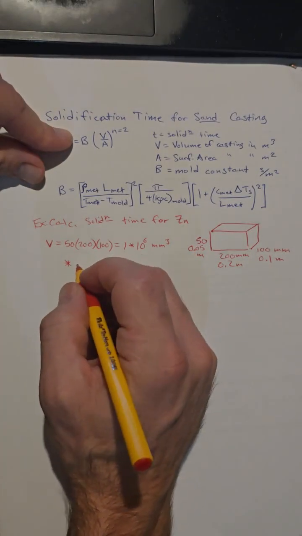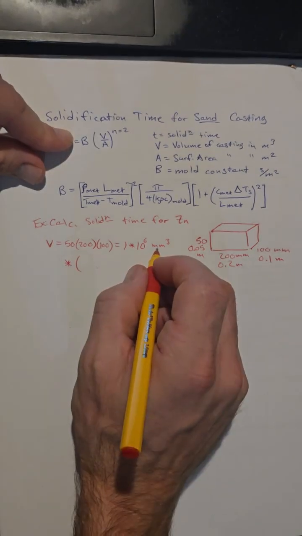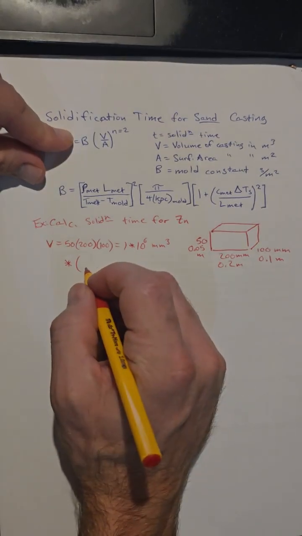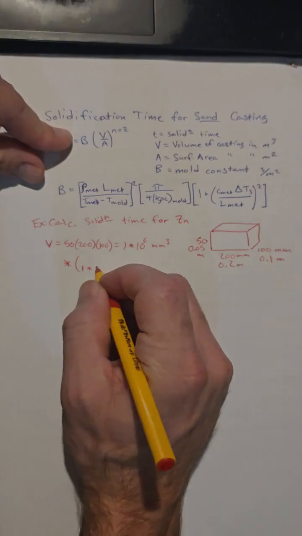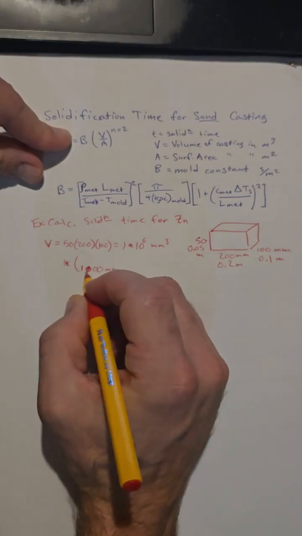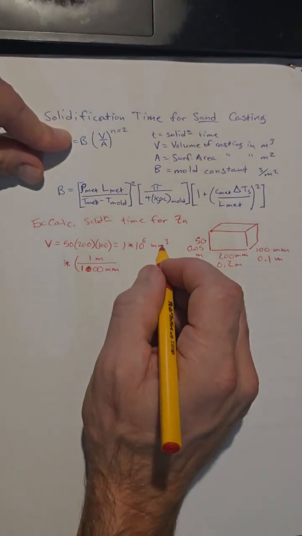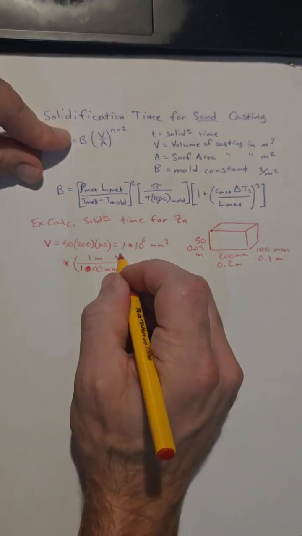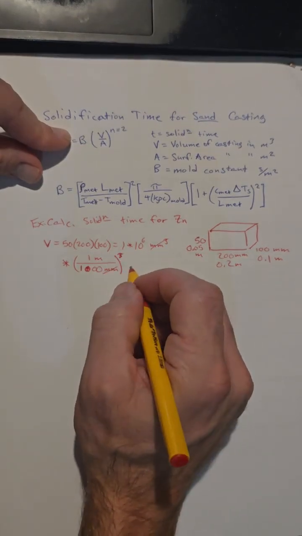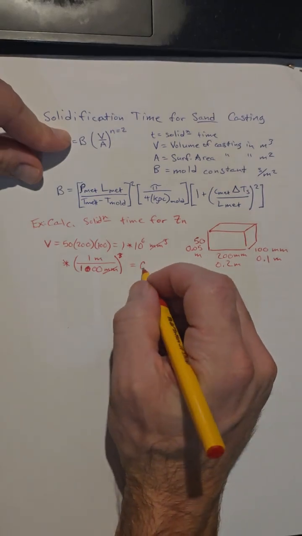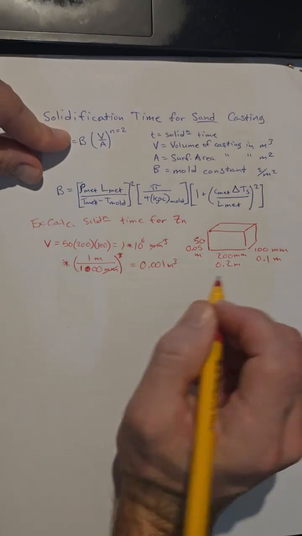And if I want to get that in terms of meters cubed, I need my millimeters cubed canceling out on the bottom, and 1,000 millimeters for every 1 meter. So that's going to cancel only if I have it cubed. Then I'll get meters. So that gives me 0.001 meters cubed.